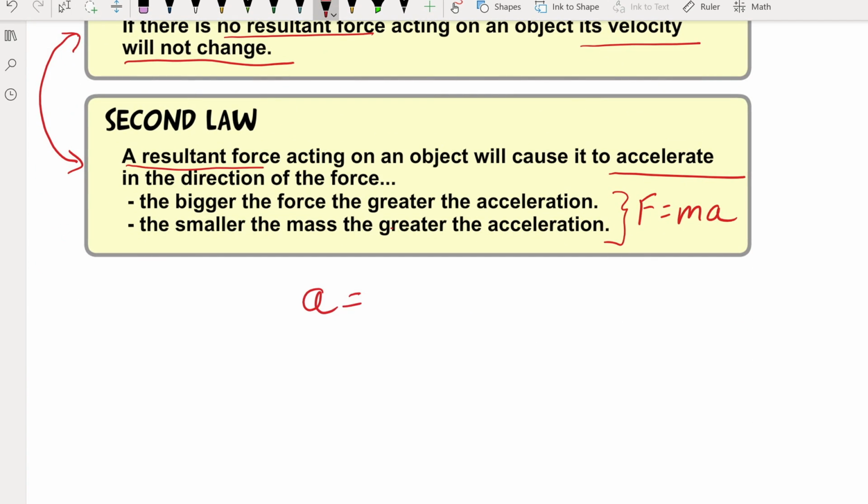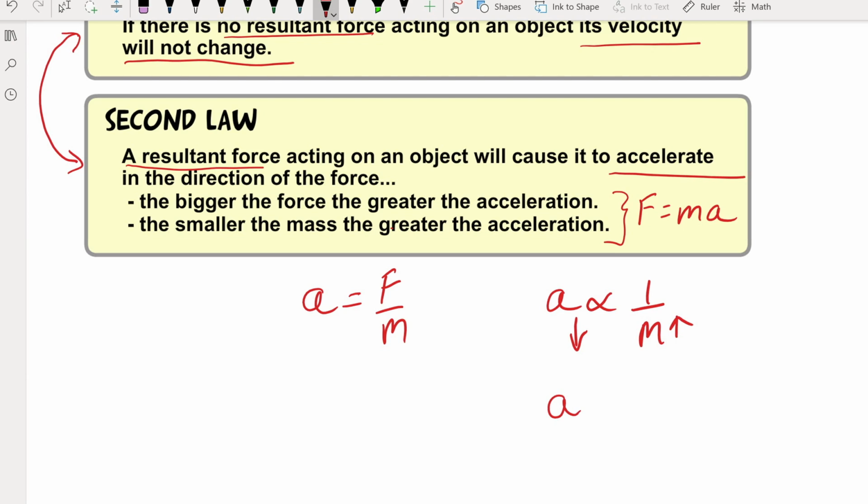look at the acceleration and we rearrange the equation like so, if the force is constant, we can say that the acceleration is inversely proportional to the mass. So as the mass goes up, the acceleration comes down, and vice versa.